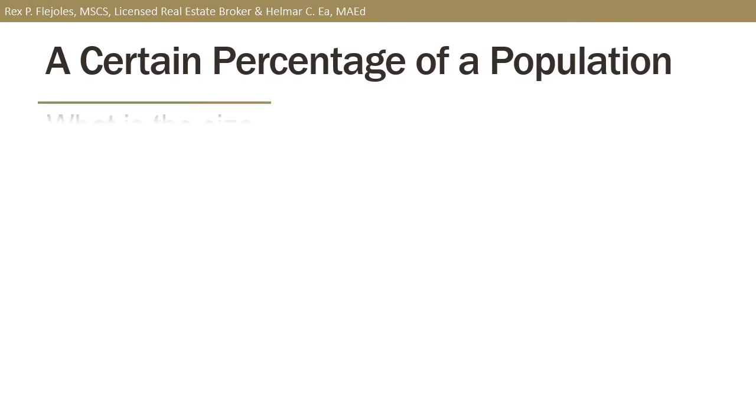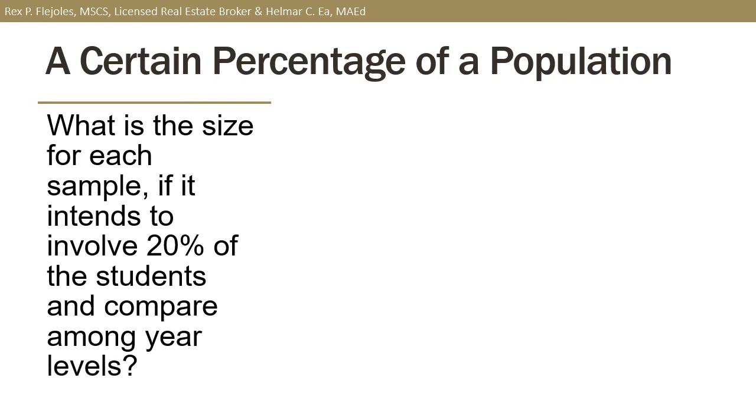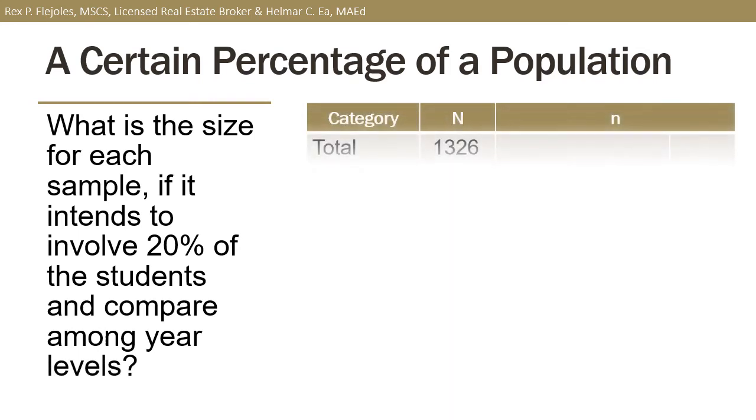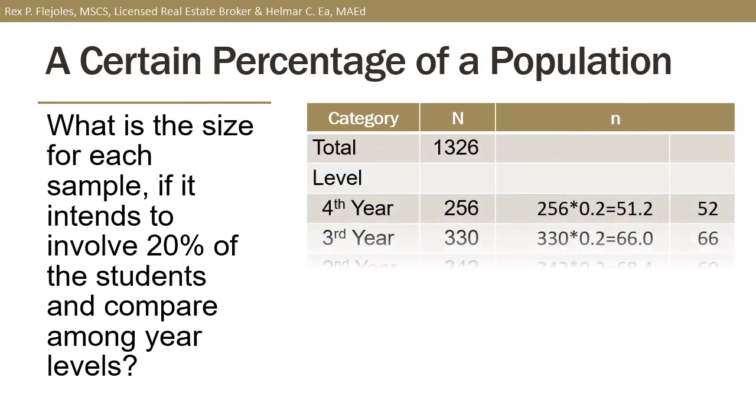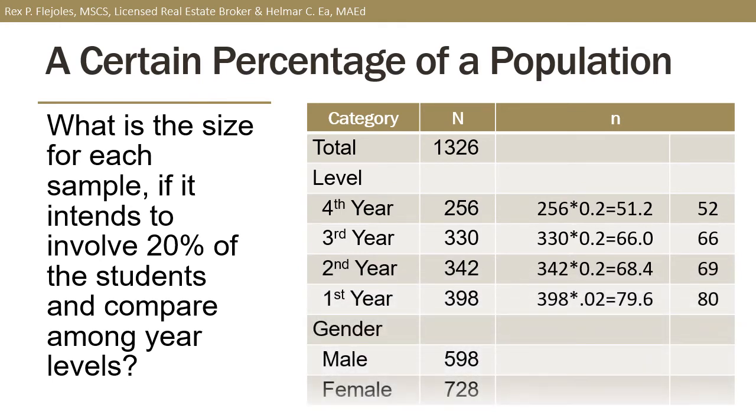What is the size for each sample if it intends to involve 20% of the students and compare among year levels? From 4th year, 256 times 0.2 is equal to 51.2. The sample size is 52. We need to round up since it is safe to consider a fraction as one person already.